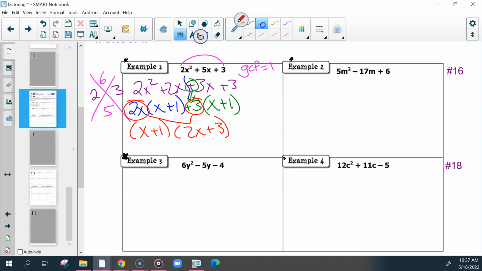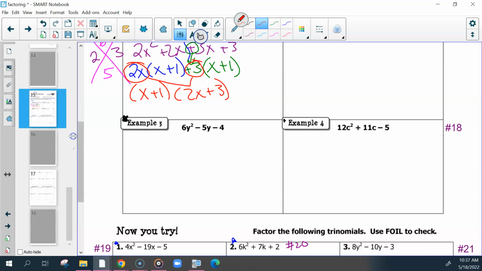Before we do another example, do you have any questions on this? Let's do example 3.